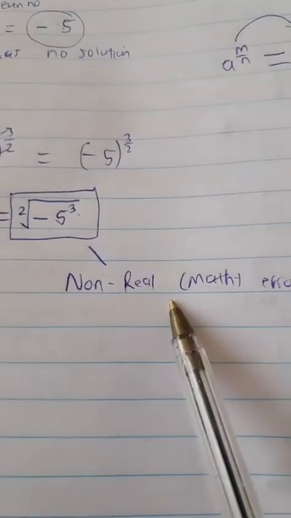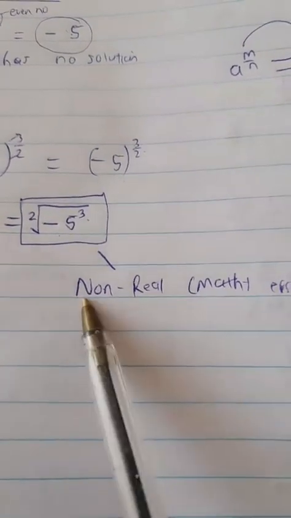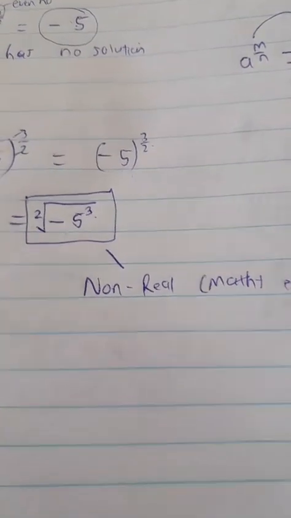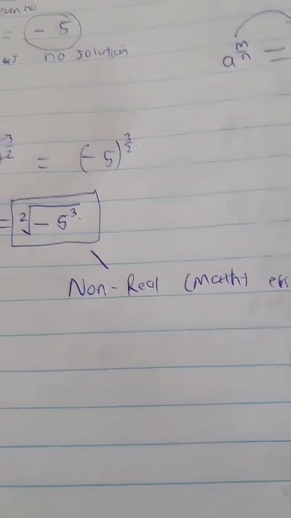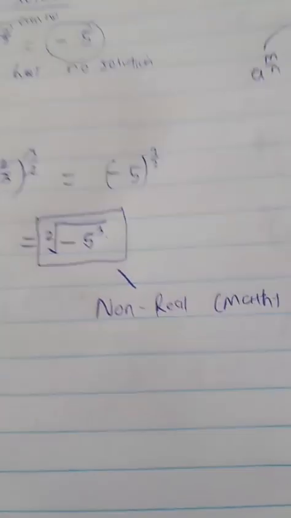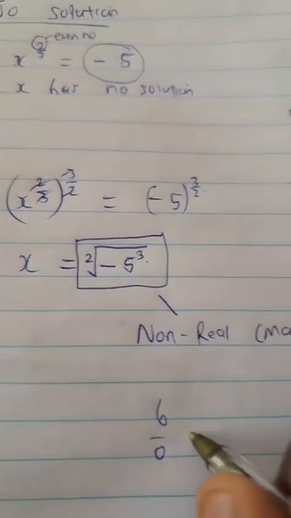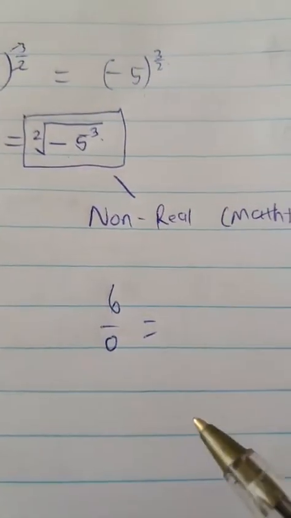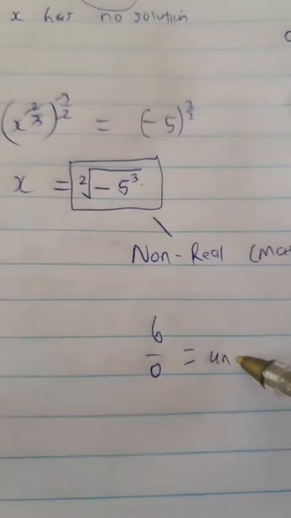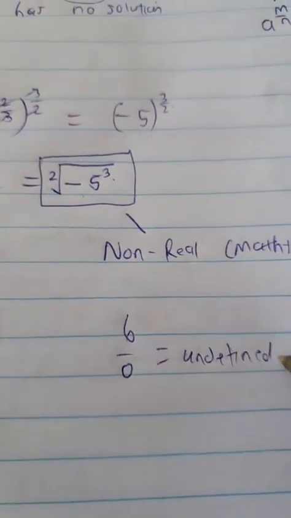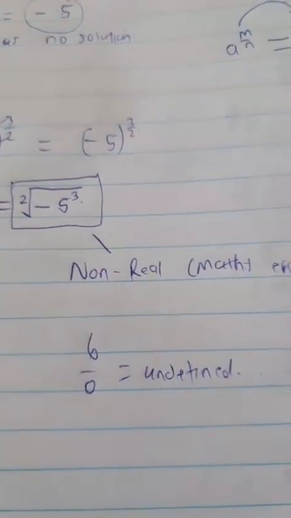It is non-real. It's an imaginary number. Undefined is when you divide by 0. There's a difference.